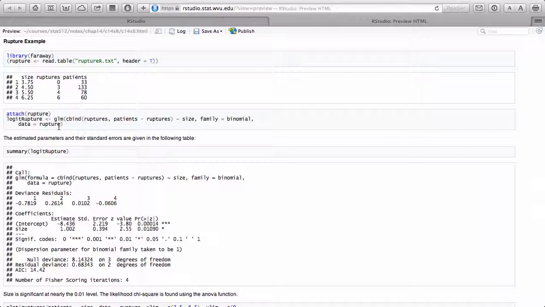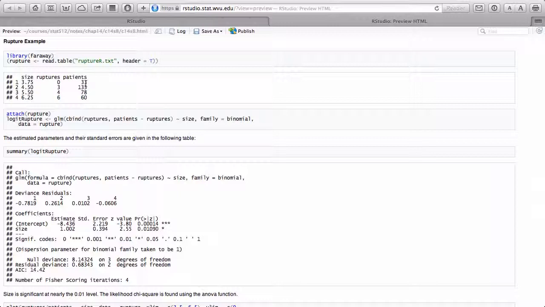And notice that the left-hand side is actually a matrix with two columns. Now there is another way we could represent the data. We could represent it as a ratio of ruptures over the total number of patients, so 0 over 33, 3 over 133.